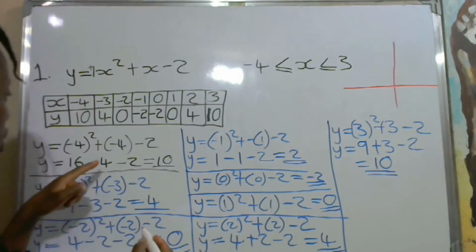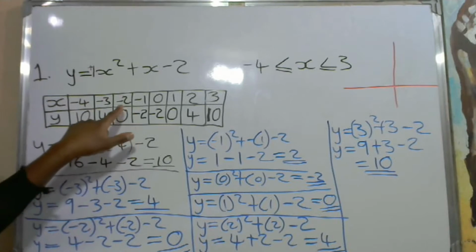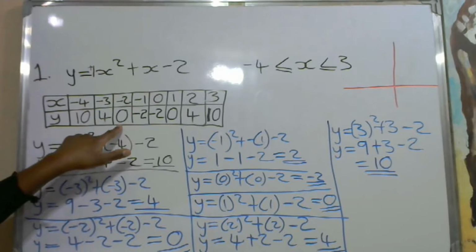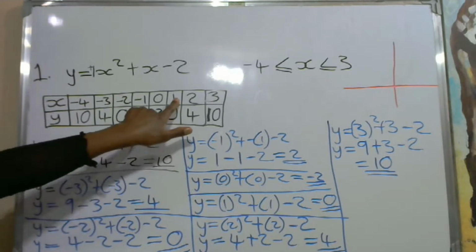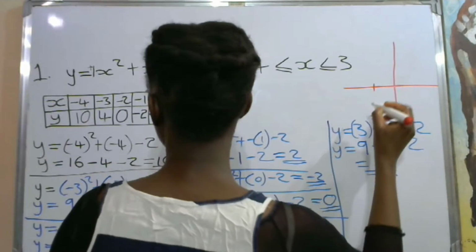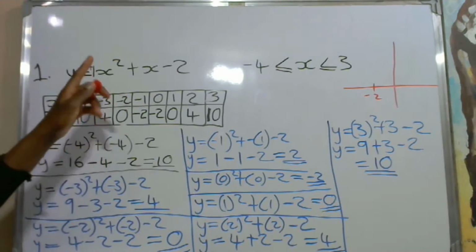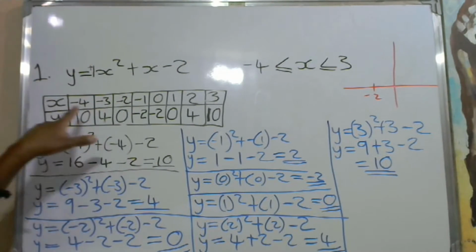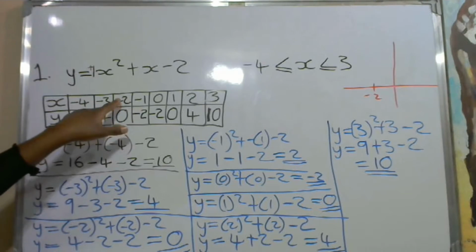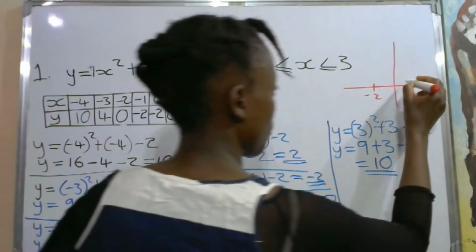So we've got these points whereby y is 0, at 1 and -2. So the graph is cutting the x-axis at (-2, 0) and at (1, 0).